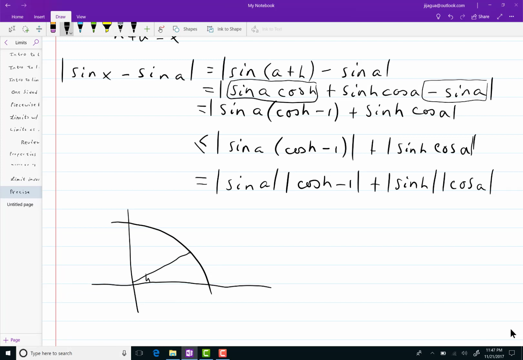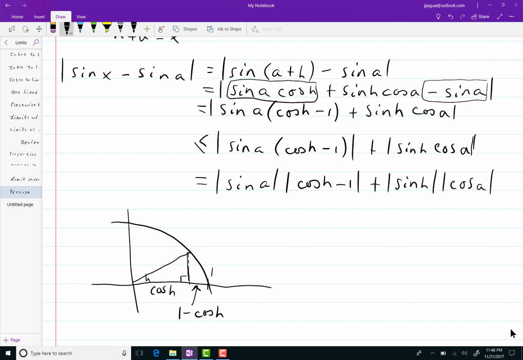If you'll remember, I draw a line straight down, and the base of this triangle was cosine of h. The circle was of radius 1, so the piece between the length of cosine of h and 1 is 1 minus cosine of h.